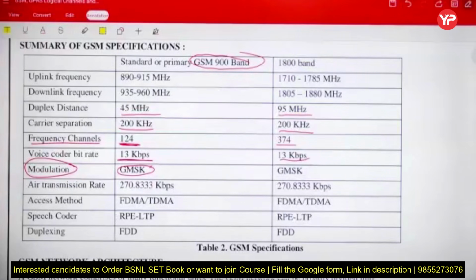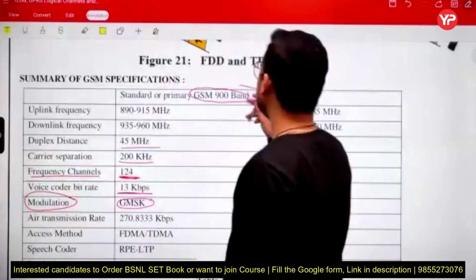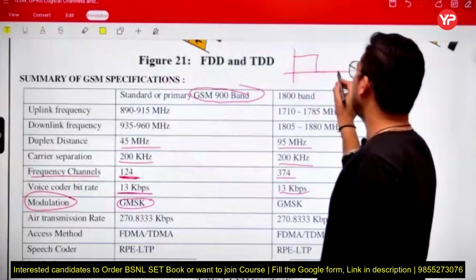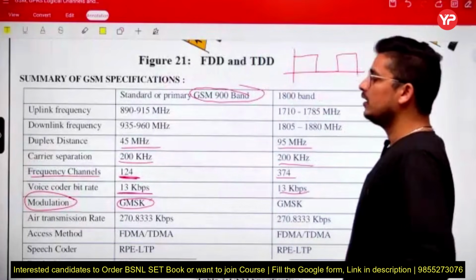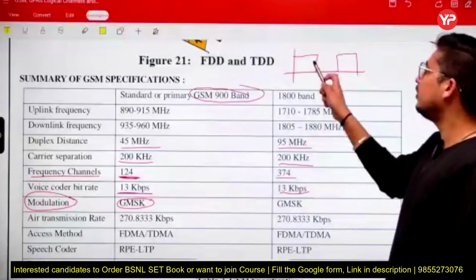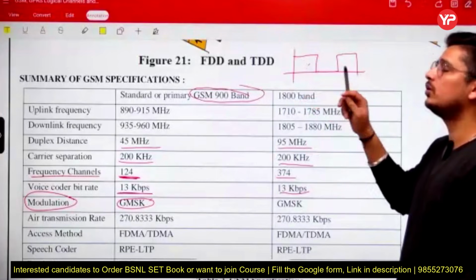In minimum shift keying, instead of a rectangular wave... yesterday I told you that whenever we have the PCM system, the outputs of the PCM system are zeros and ones. These are rectangular pulses like this, right? But whenever we talk about GMSK, we are not using this rectangular pulse for representing zeros and ones.